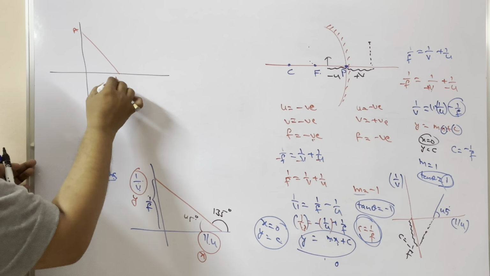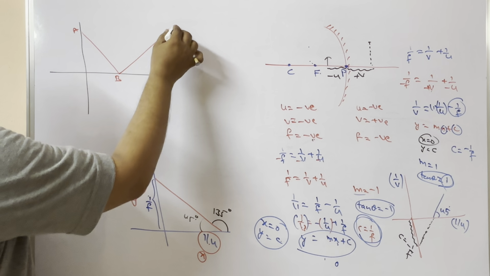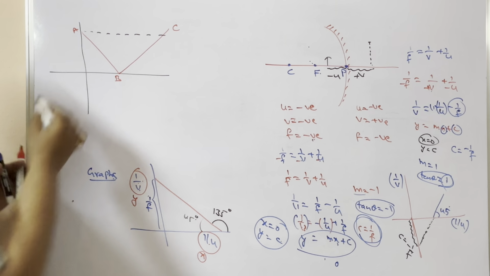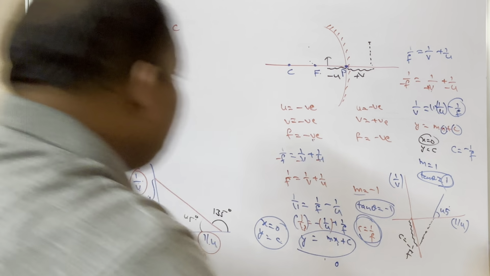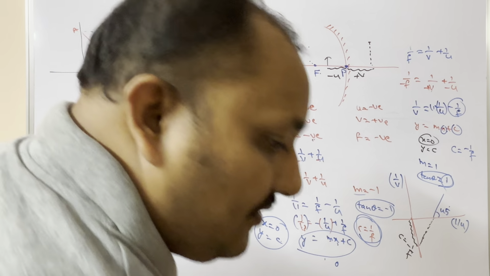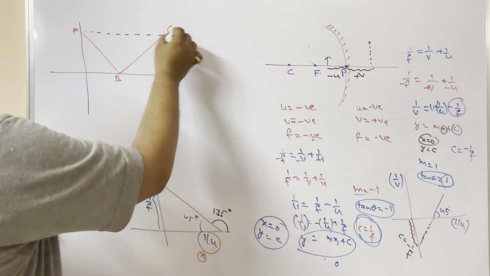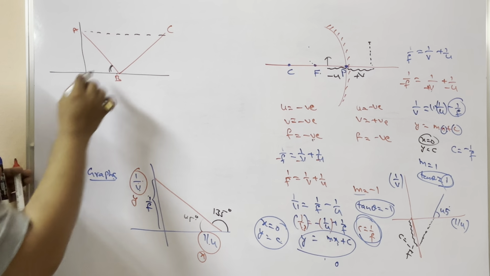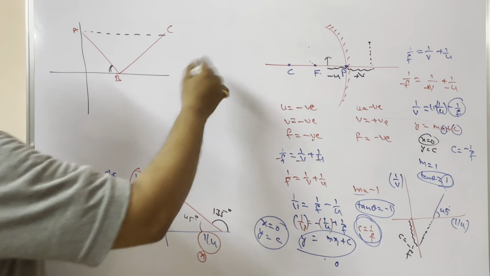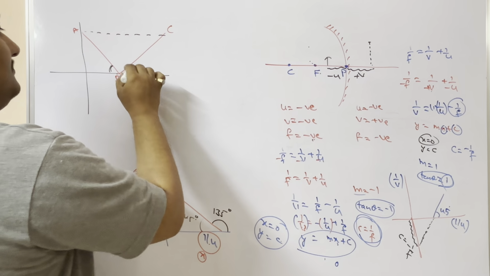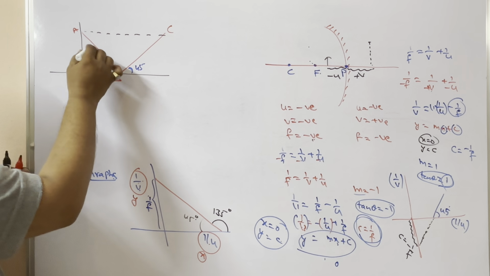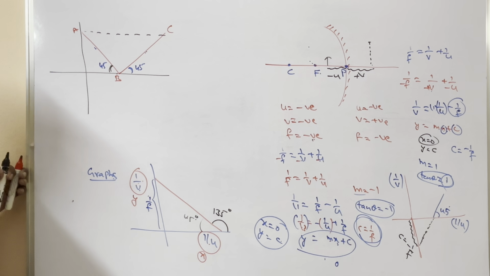A to B, B to C. So, A to B, the object is taken from infinity to F. It is making 45 degrees. Correct? B to C, between F and P. This is also 45 degrees, but this is with negative slope. This is with positive slope.